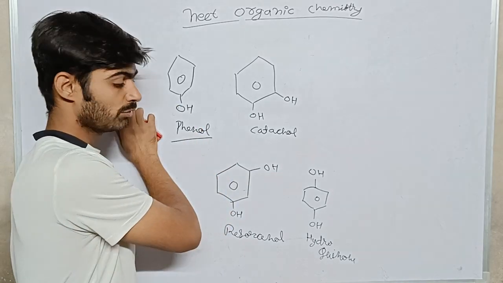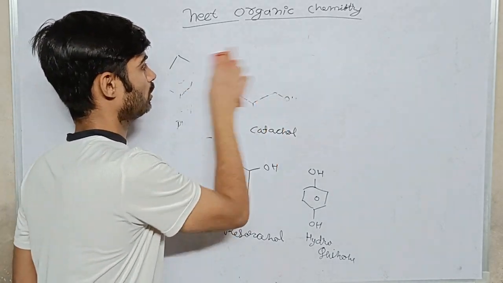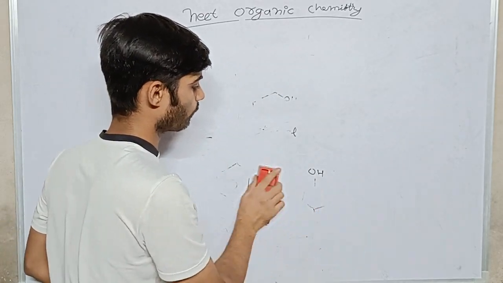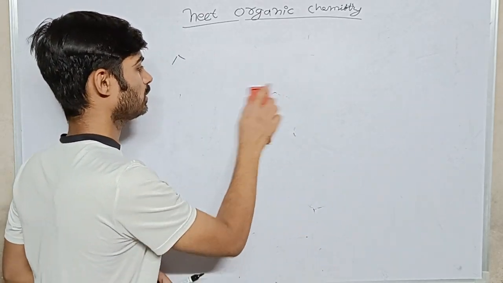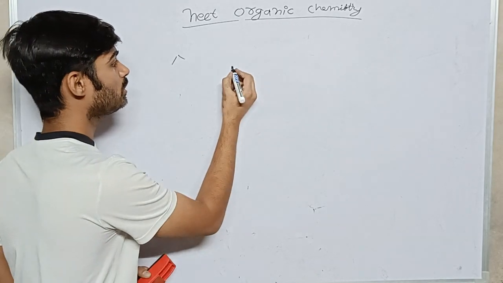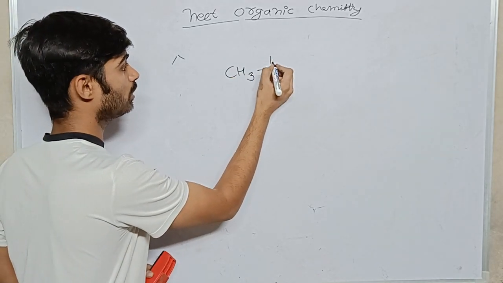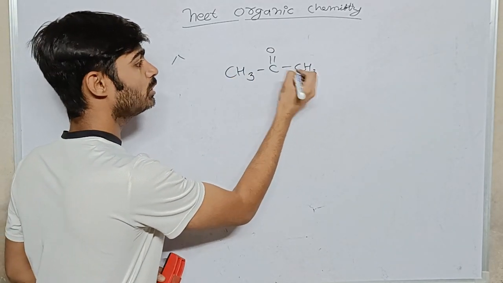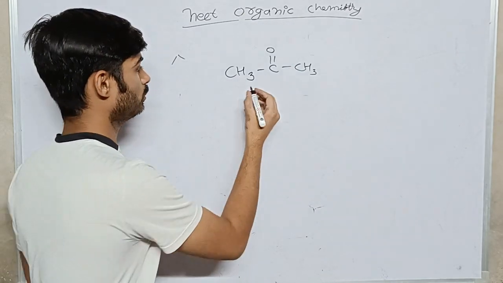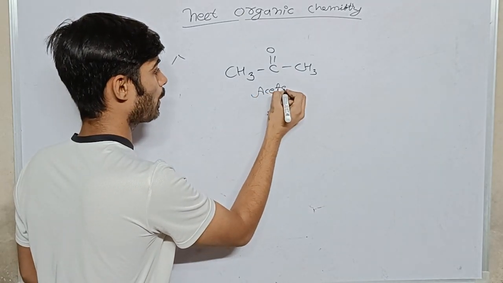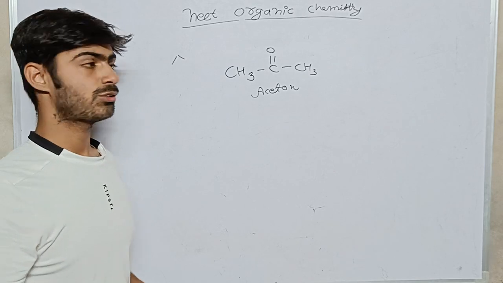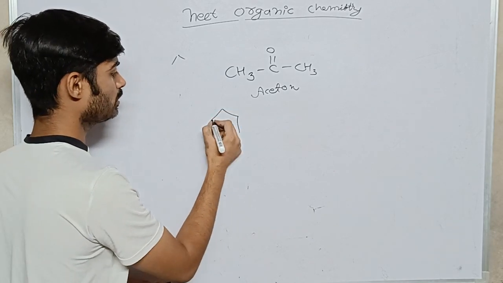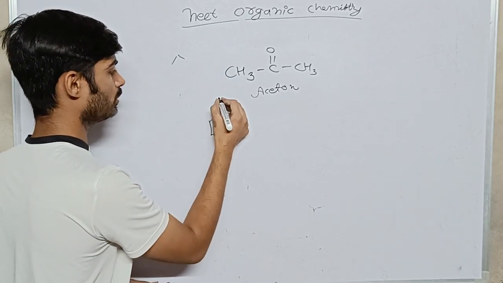Okay. Switch to the next. This is acetone. Remember all these formulas of chemical compounds. This is acetone. This is toluene.